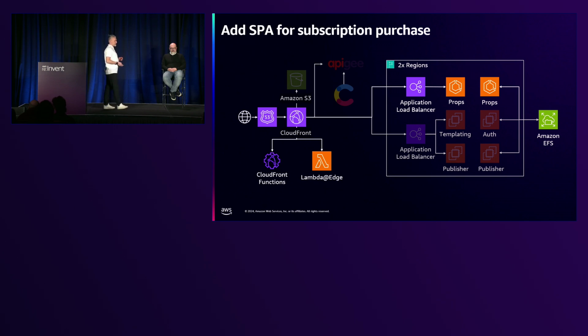Props is a contraction for proposition pages, where we propose you to buy our subscription pretty much. And fronted by an application load balancer, and incoming traffic is routed to the props pages if the user intends to purchase a subscription. Anything else goes still to the monolith.